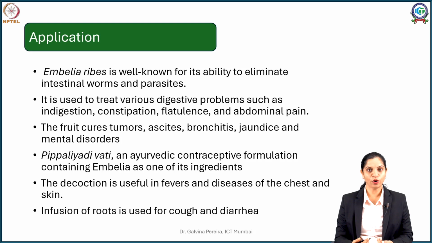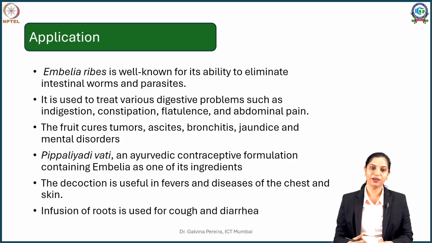Now, with a little modern day investigation, the fruit extracts are known to cure tumors of certain types, help in dealing with ascites, which is a water accumulation, bronchitis, jaundice, and even certain mental disorders.